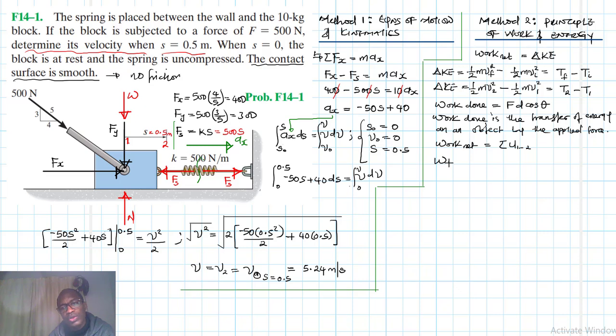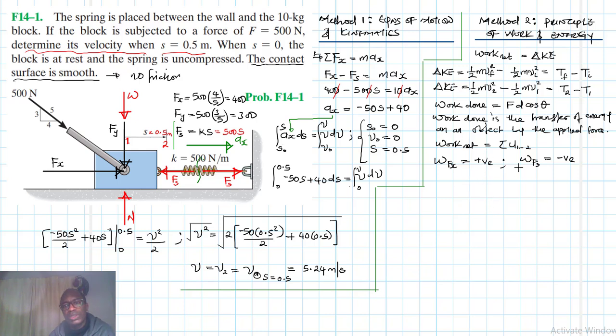So work due to Fx is positive, right? Because energy is being transferred to the block, and the work done due to Fs is negative because energy is being taken away from the block, right?